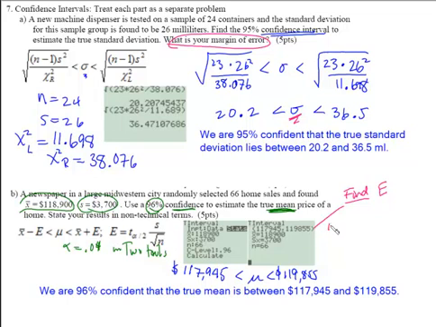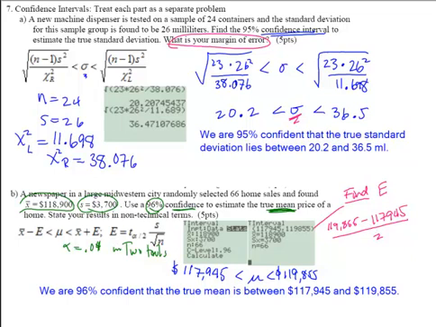So it's 119,855 minus 117,945 divided by 2.